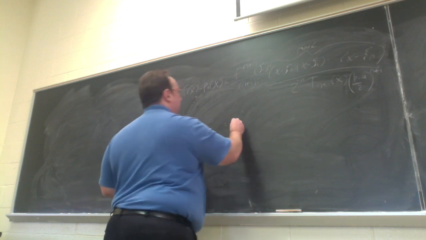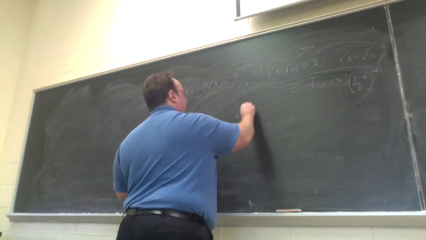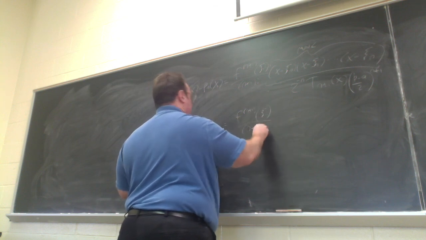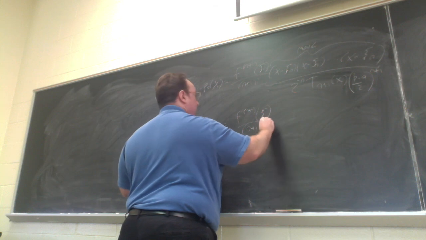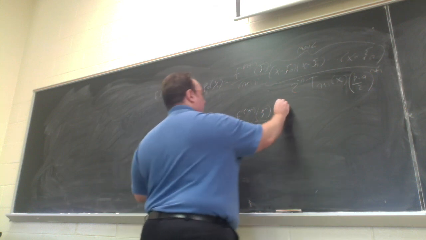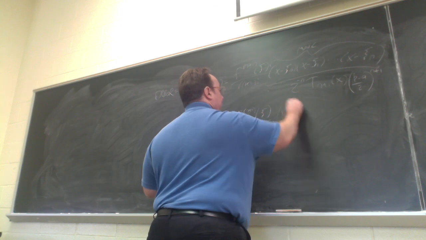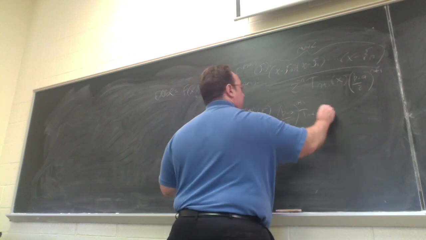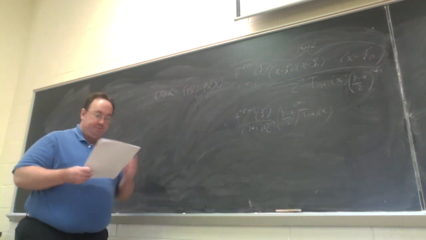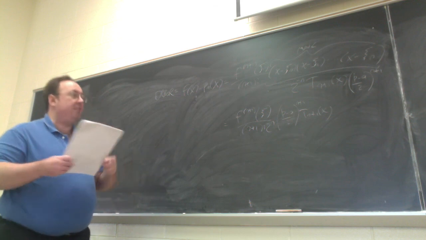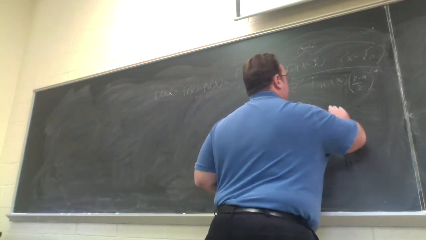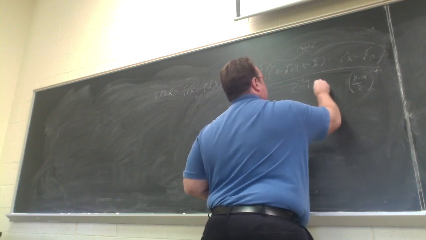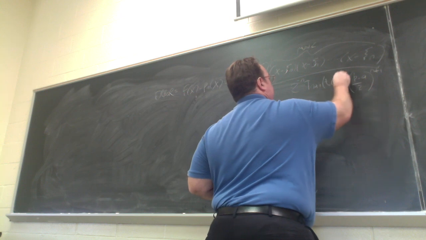So I can simplify this to the n plus first derivative at some unknown point over n plus 1 factorial, 2 to the minus n, and then we have b minus a over 2 to the n plus 1 times T_{n+1}. Oh, actually, sorry, not x, but T of x.